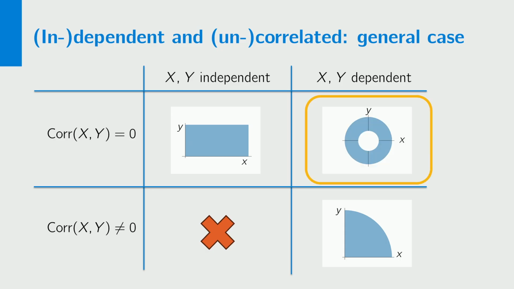The uniform distribution over a ring is an example of a random variable that is uncorrelated. There is no linear trend in the data. However, x and y are not independent. For example, for x is 0, the probability for small y is 0. In general, for joint distributions, there are three possible combinations of these two properties.